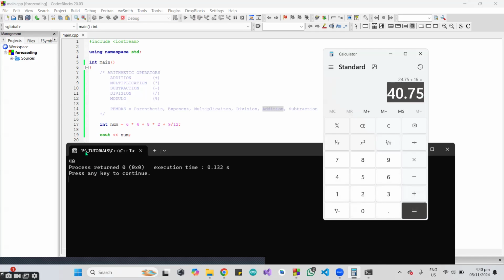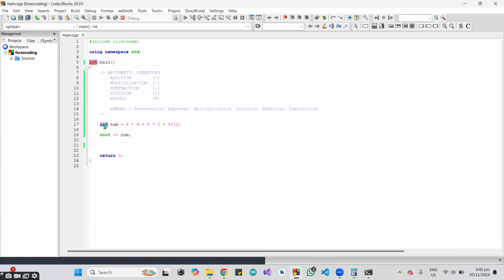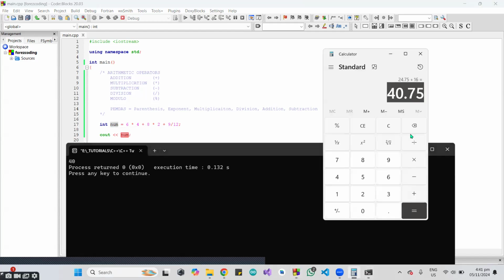It only shows 40 because the data type that we use in here is integer. As you remember from our previous lesson, integer only accepts numbers stored in this specific variable with a whole number. So it does not include the remainders or the decimal places in this output.